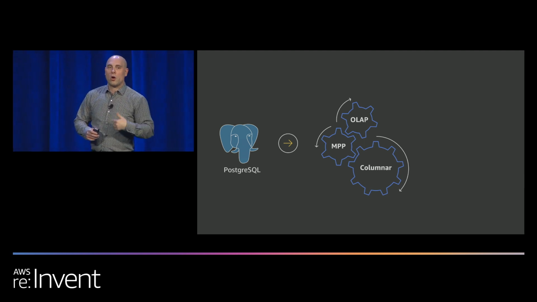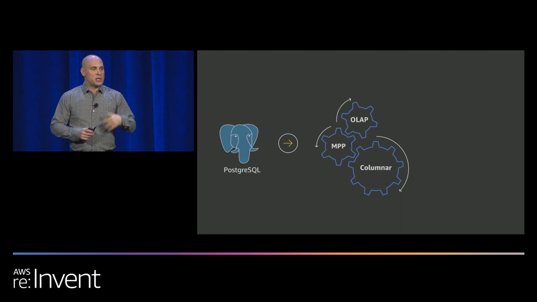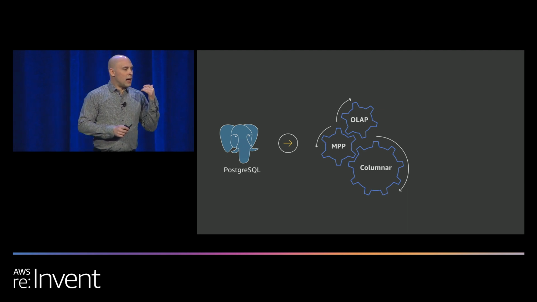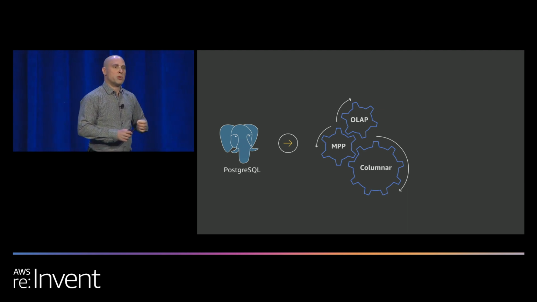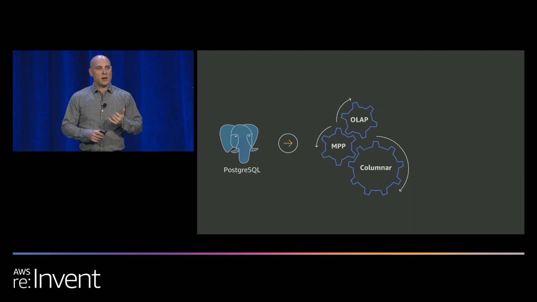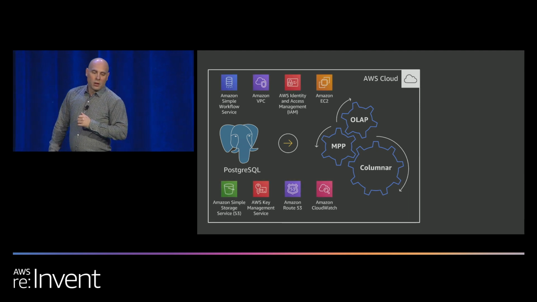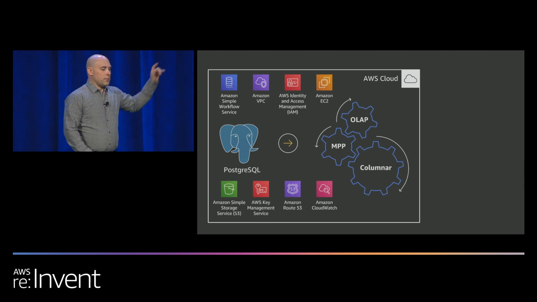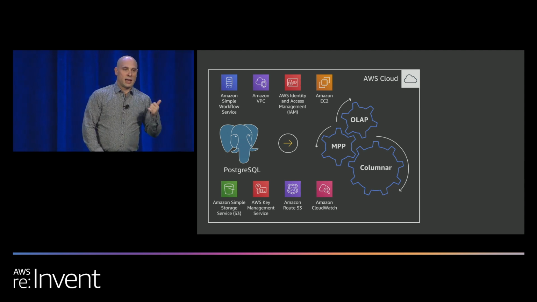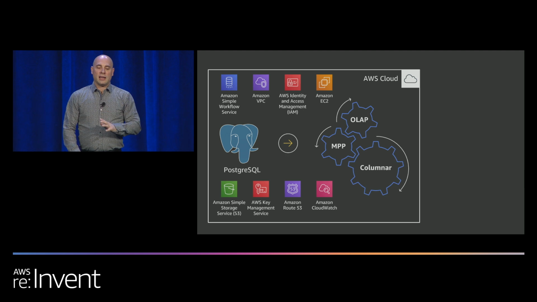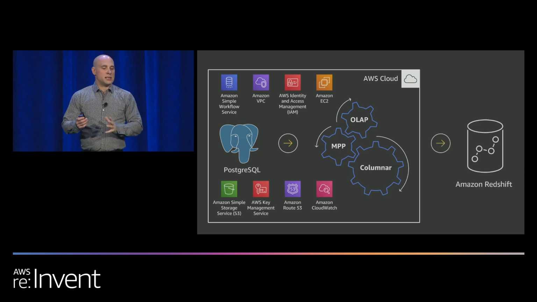We added a lot of OLAP functions, linear regressions, windowing functions, approximate functions, and we recently even added geospatial support. So if you have geospatial needs, we just added over 40 functions and a new data type for geometry for that. We wrapped everything up in AWS, integration with KMS, S3, IAM, and it's the combination of all of these pieces that make Redshift what it is.